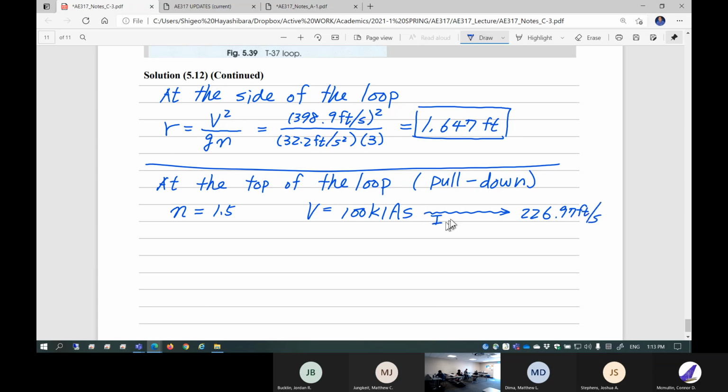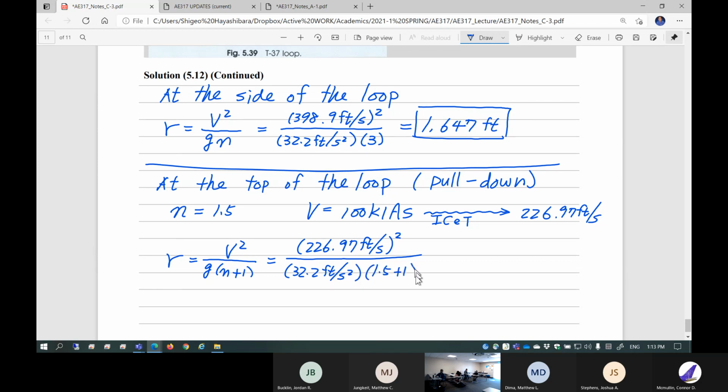Again, same ISA process. Okay. So the radius now becomes V squared over g times n plus 1. So if you plug that in, this is 226.97 feet per second, squared, over 32.2 feet per second squared times 1.5 plus 1.